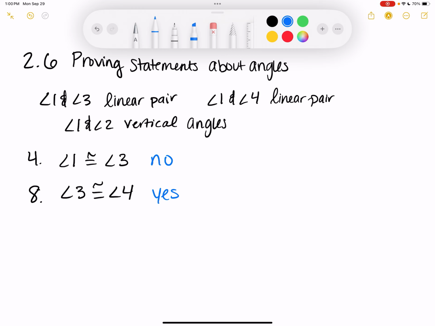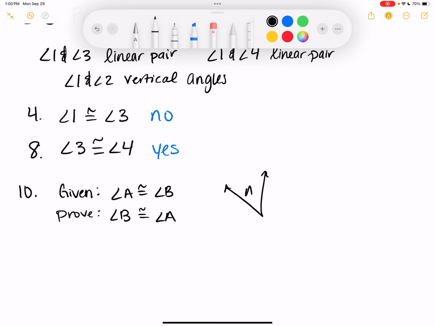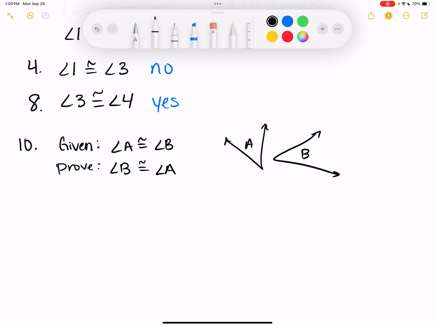All right, this one we are proving theorem 2.2. So we're given that angle A is congruent to angle B, and we're going to prove that angle B is congruent to angle A. And they show us angle A and angle B. Are we making this statement and reason? Okay. Now, in this case, they've given us part of the proof and we're filling in the blanks.